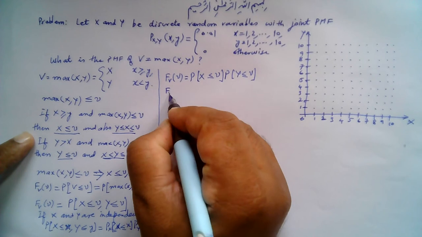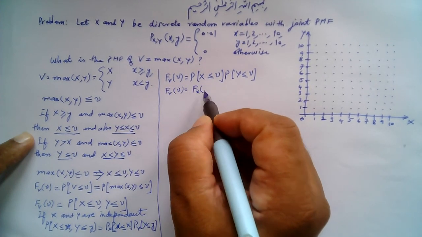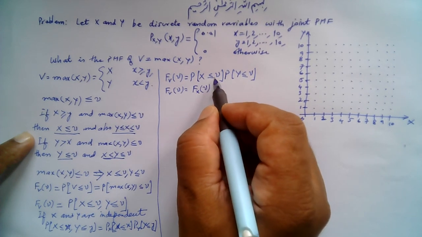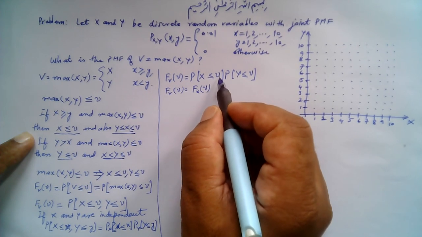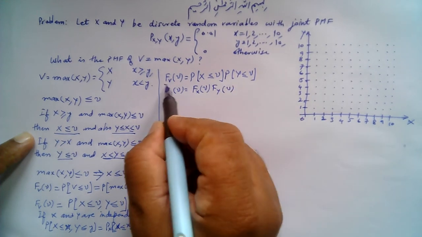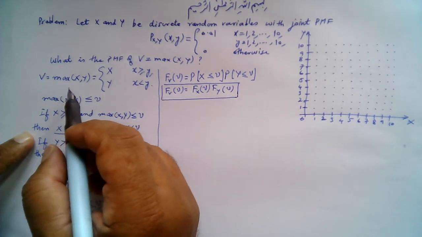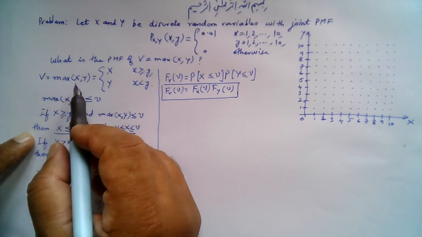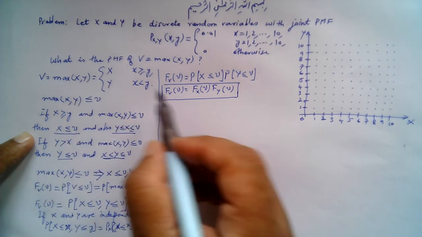So we can write it like this. This is F_X, it will be v here, it's evaluated at v. If it had been x less than or equal to small x, we could have written x here, but this is evaluated at value v, right? So this is F_Y(v). This is the general relationship when we have to derive a random variable based upon this scenario. So the CDF of random variable V, which is max of x and y, is given by this relationship.